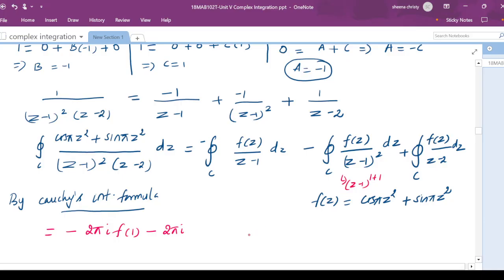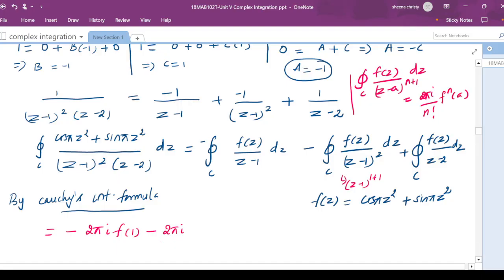What is the Cauchy's integral formula? According to Cauchy's integral formula, the integral over the contour C of f of z by z minus a to the power n plus 1 into dz is equal to 2 pi i by n factorial into f^n of a.